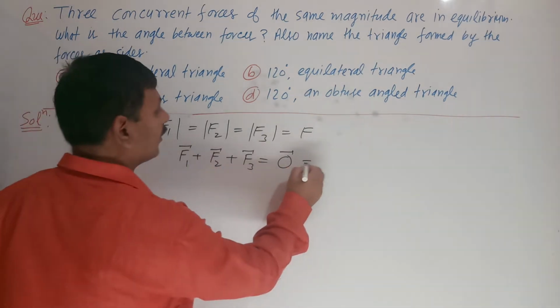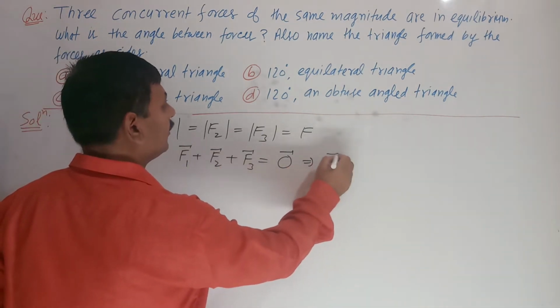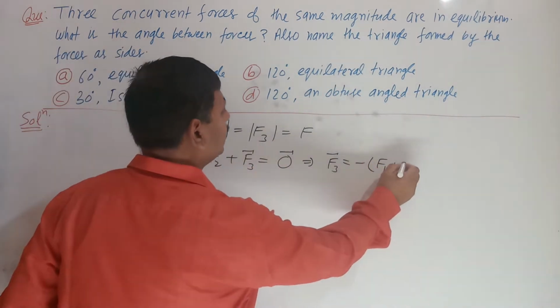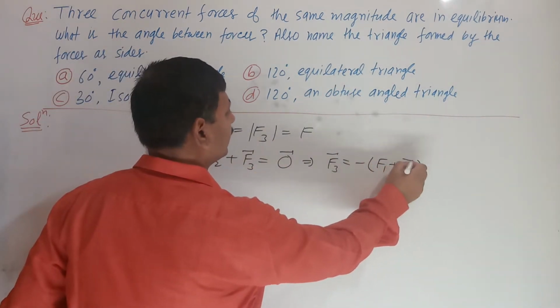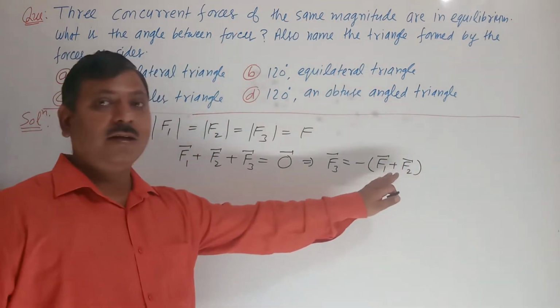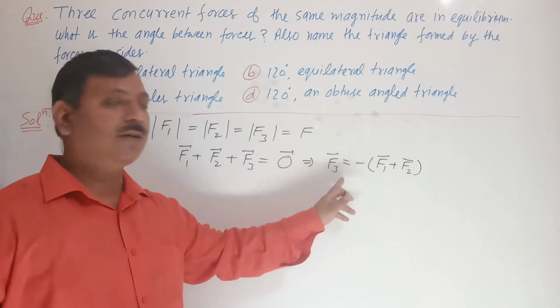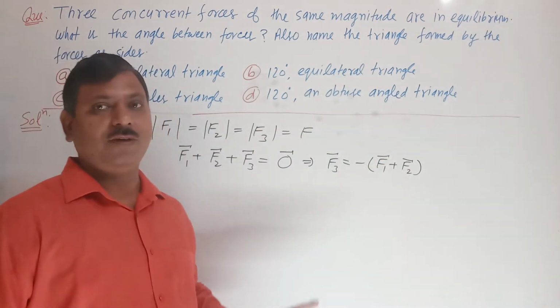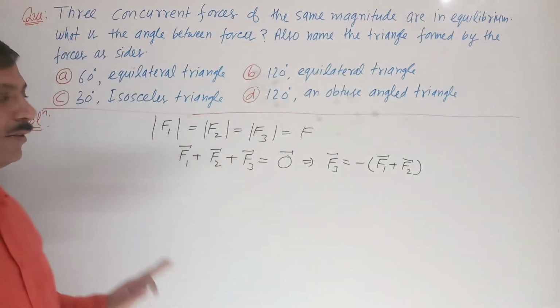All three forces have the same magnitude and their resultant is 0, meaning they are in equilibrium. You can see here the third vector will be the negation of the sum of the other two vectors. This means they will form a triangle. So these are the conditions they have given.